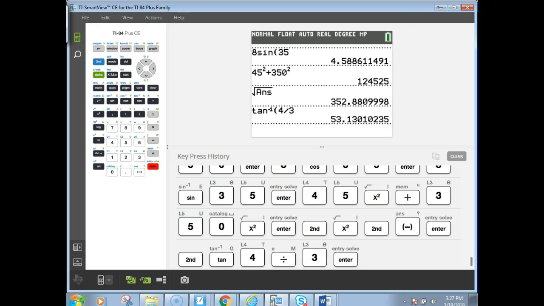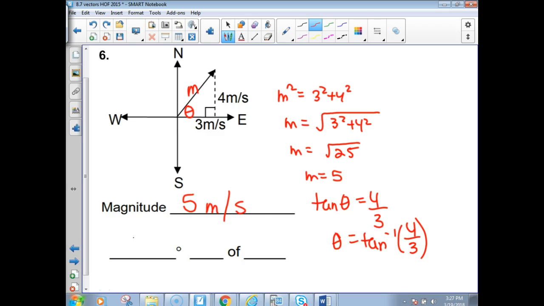Okay, 53.1 degrees. And how is it opening? It's opening that way, towards the north from the east. So it's 53.1 degrees north of east. We're going to always end with east or west.